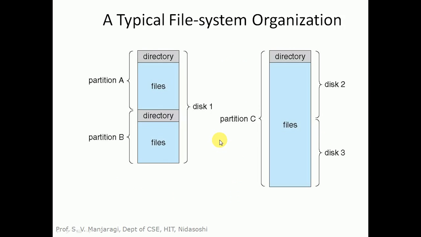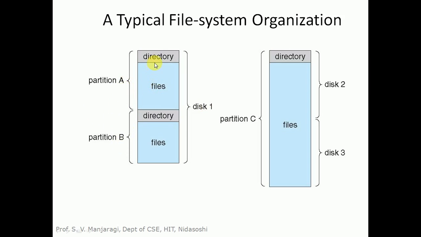Now let us see a typical file system organization. As I already mentioned, a disk can be divided into different partitions. In this diagram, there are three disks: disk 1, disk 2, and disk 3. Disk 1 is divided into two partitions, partition A and partition B. Each partition will be formatted with some file system, and it holds some files.